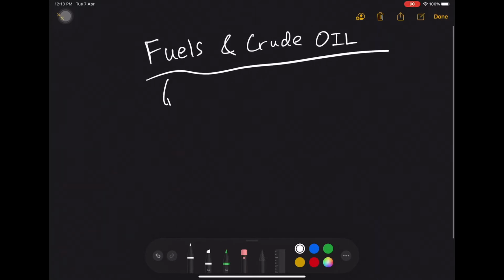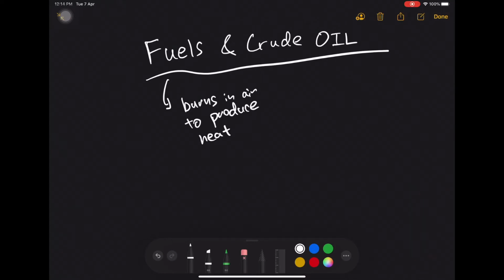So this is fuel, burn in air to produce heat. Okay, so the main sources of energy, or known as fuel, are natural gas, petroleum, and coal. So you need to know they will break up into three things.